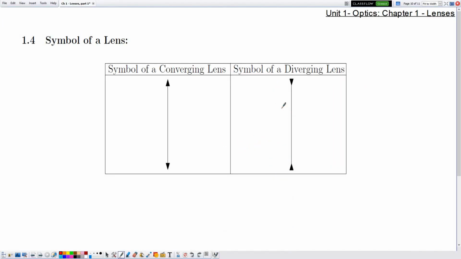Okay, and now after we gave a symbol for each type, we are ready to represent a lens in an optical system and check how it affects a ray of light, which allows us then to study the properties of a lens. Then the next section will be the optical system of a converging lens. Okay, now let's move to the second section.